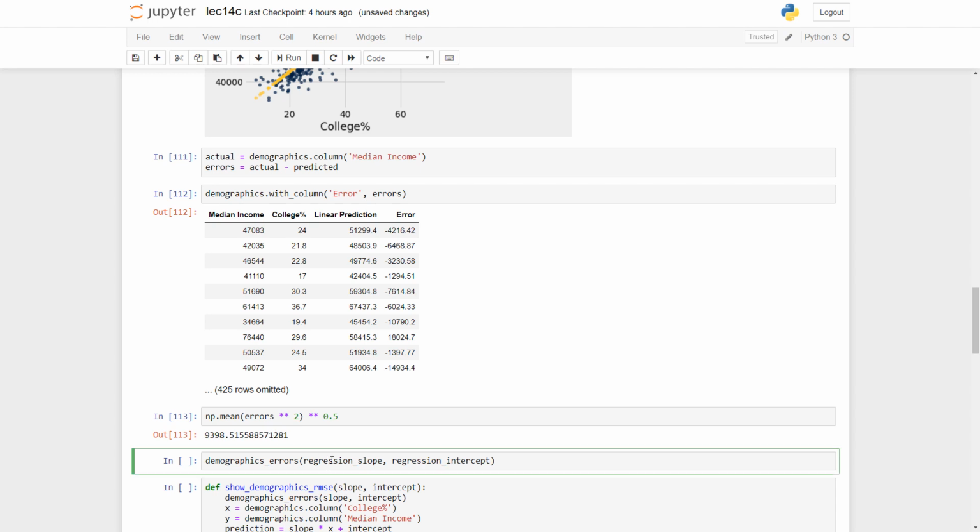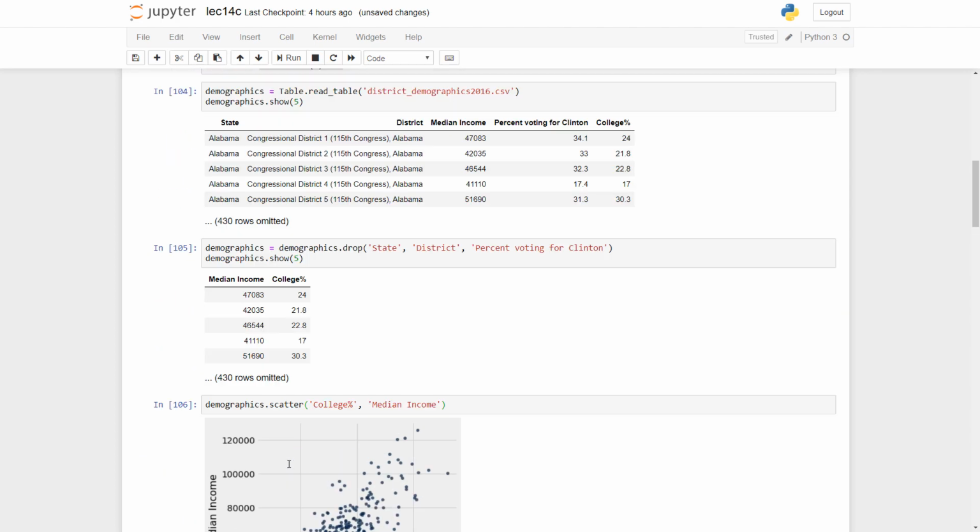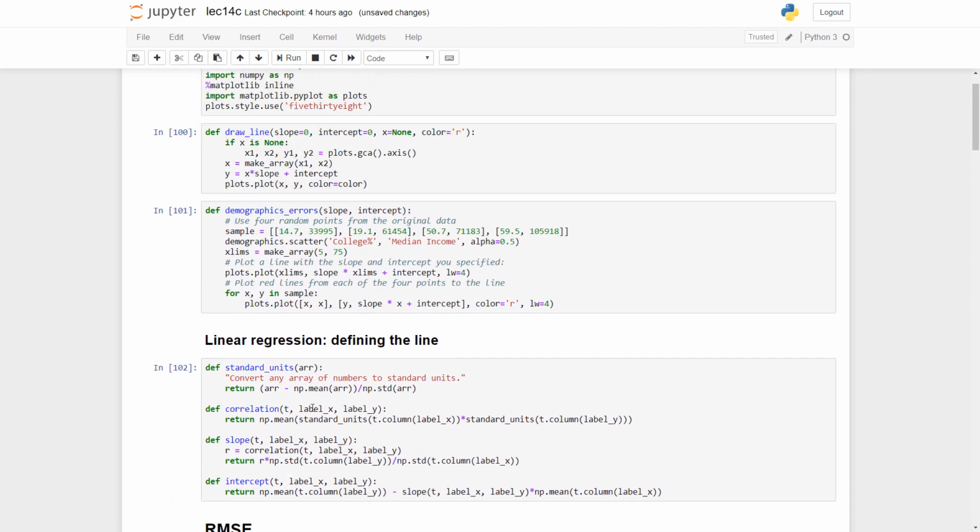We have defined a function called demographics errors earlier in the notebook, and that function will plot for us the regression line using the slope and the intercept, and also show us the errors of some of the points.